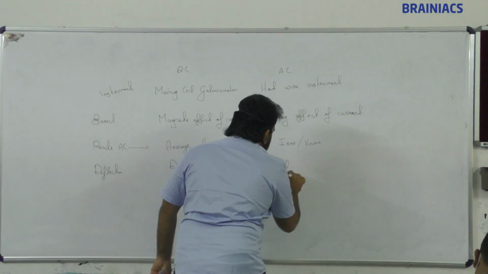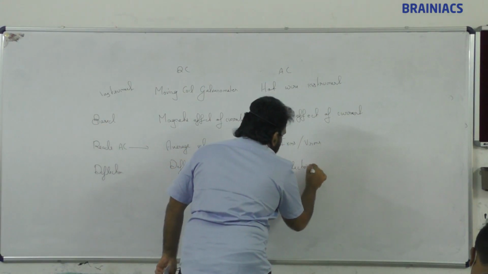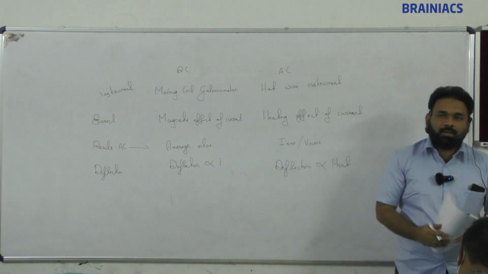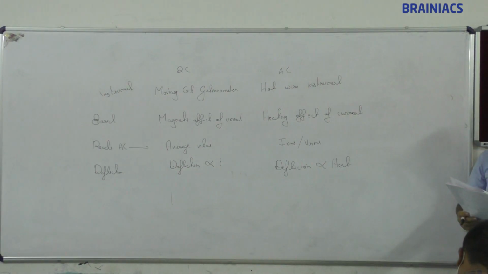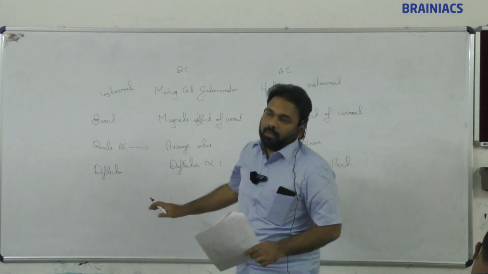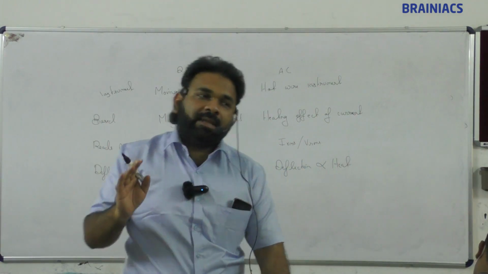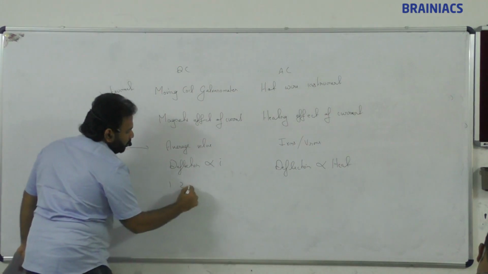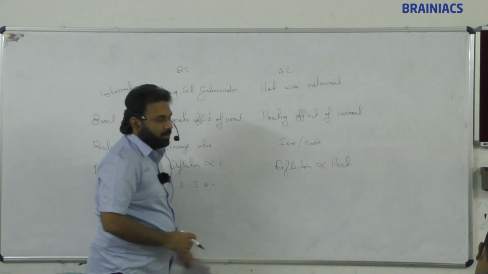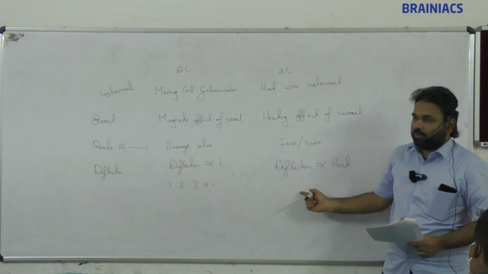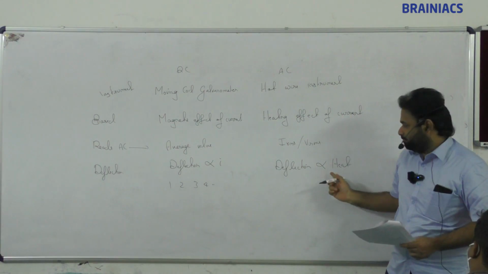Okay, this is nothing but deflection proportional to heat. Now one more thing is, in this case, 1 ampere, 2 ampere, 3 ampere, likewise it will measure. Number of deflections will be like 1, 2, 3, 4, likewise. In this case, what will come? Heat.